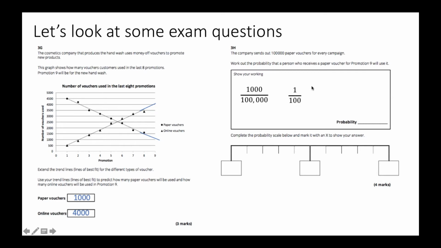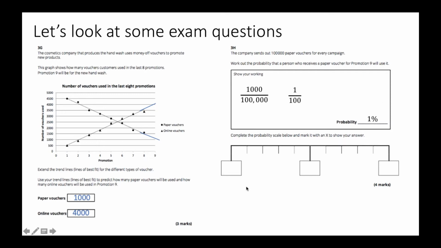Well, that's like saying 1 penny out of 100 pounds. And that means 1%, because 1% means 1 out of 100. So we know that 1% is our probability, okay? Or 1% can also be written as 0.01, just like 2% would be 0.02, and so on.